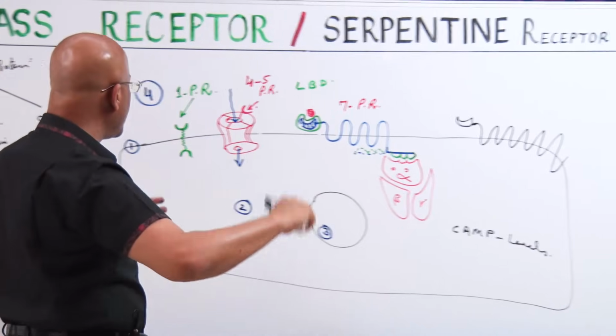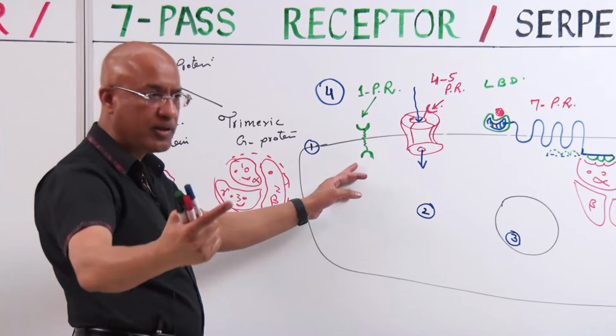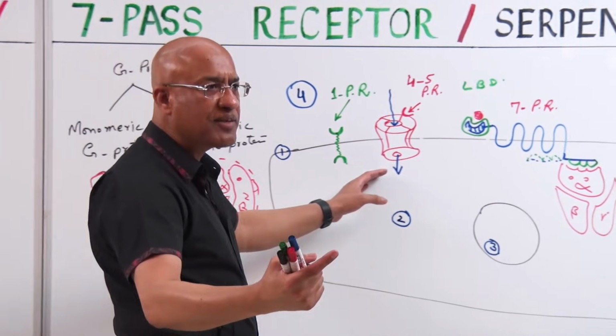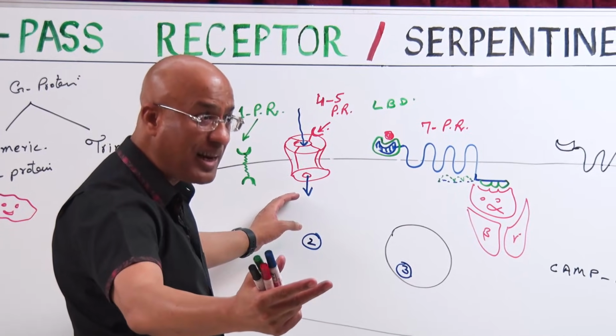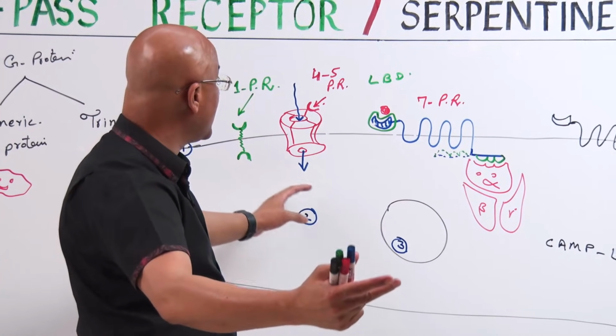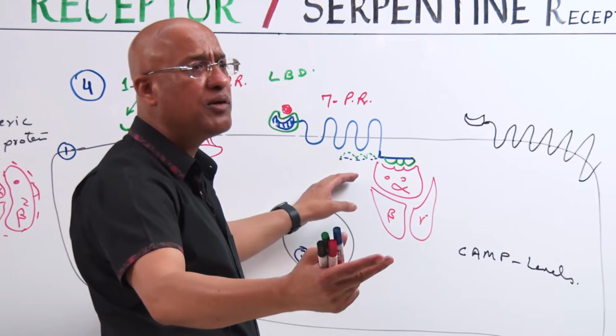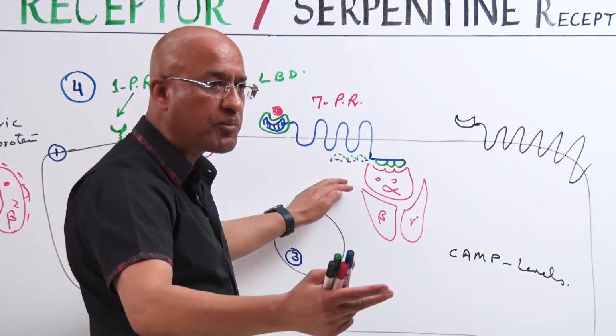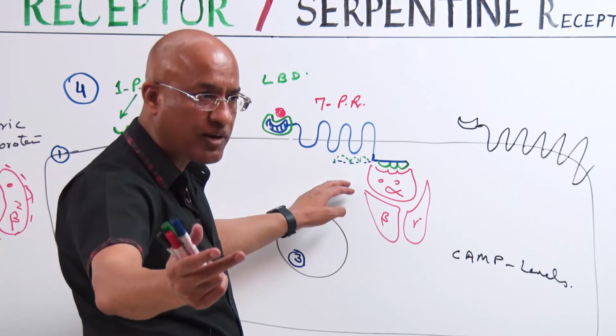12 times, right? Can anyone give me an example of such receptors? One pass receptor, the most simple example is insulin or growth factors, right? 4 to 5 pass receptors are ion channels, ligand operated ion channels. 7 pass receptors are very common for glucagon, adrenergic receptors, some dopaminergic receptors, or the muscarinic receptor for acetylcholine.